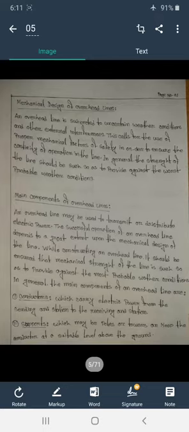Mechanical design of overhead lines. An overhead line is subjected to variable loading when the conductor and other external forces act.